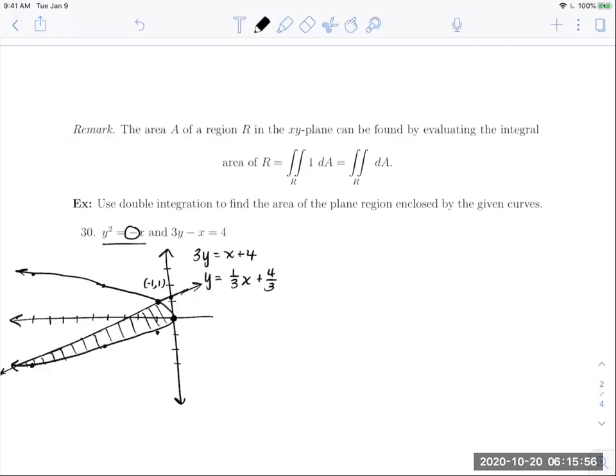Now, what we don't know, because I'm not going to assume that I drew this super accurately, is where is this point of intersection? We did figure out this upper one here just kind of by dumb luck, but we didn't figure out the other one. So what I'm going to do here is I'm going to solve this system of equations. I know that negative x is y squared. So I'm going to plug that in for negative x right here.